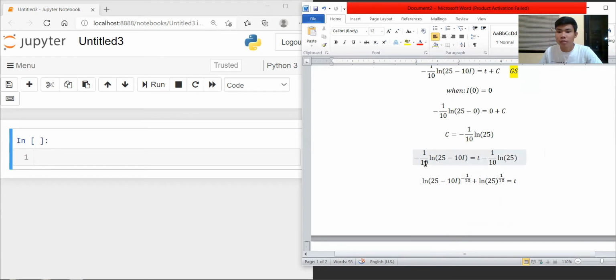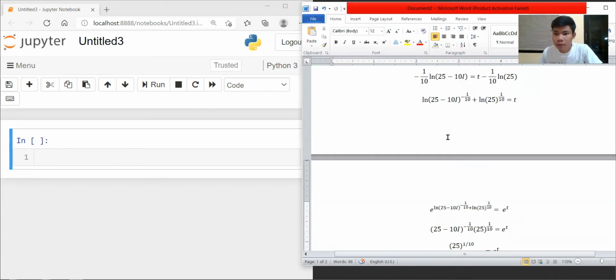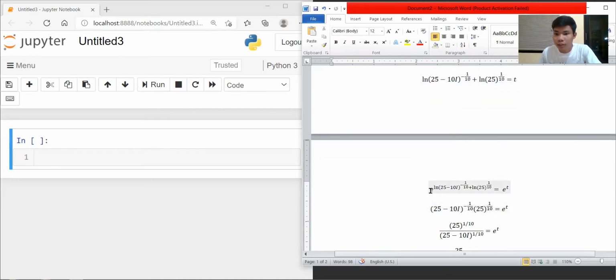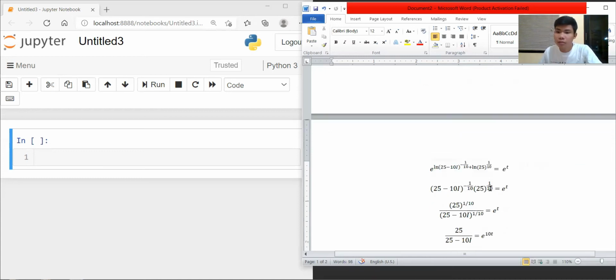And we also bring these coefficients 1 over 10 into the exponent, because by the laws of logarithm, we can make it an exponent. Since we have ln and the I we need is inside the ln, we can use the exponential to cancel our ln, since e raised to ln is equal to 1, so it cancels.